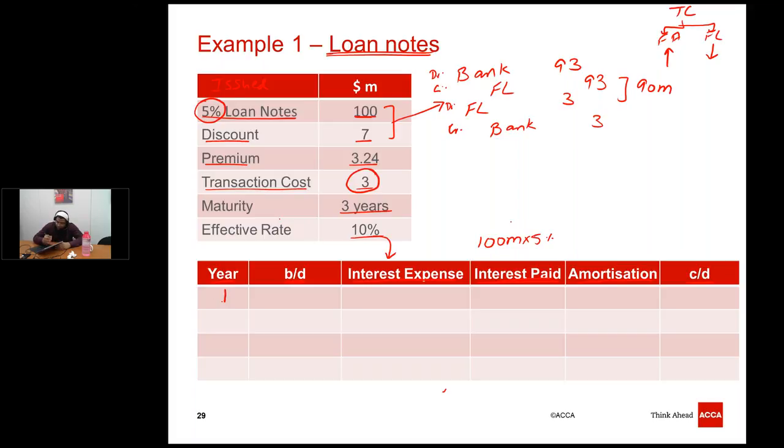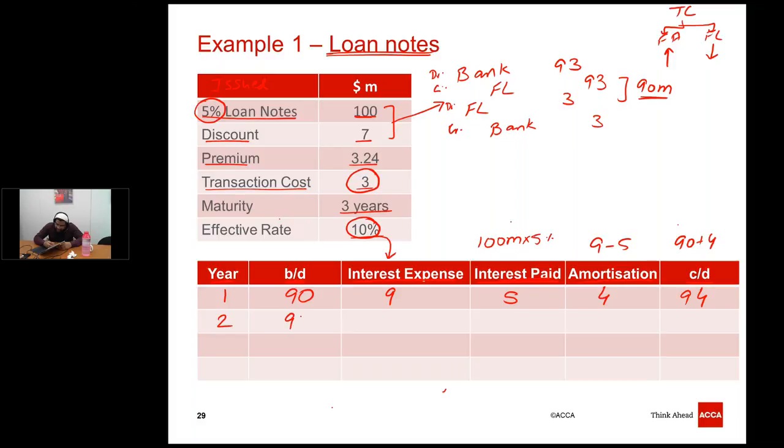In year 1, the brought down liability is 90 that we have just calculated. 10% interest expense of this is 9. The interest paid is 5. The difference is 4, since 9 minus 5 is 4. The carried down is 90 plus 4, which is 94.